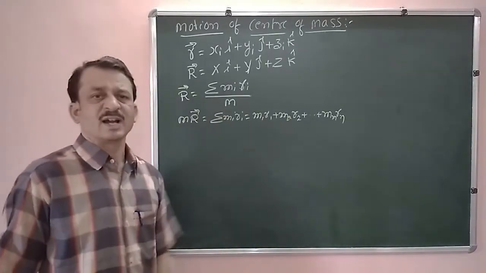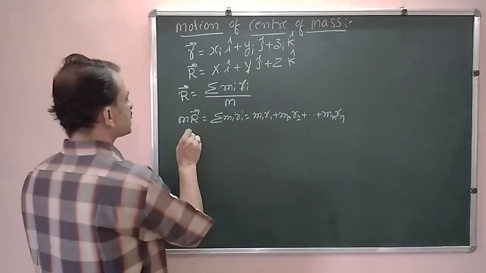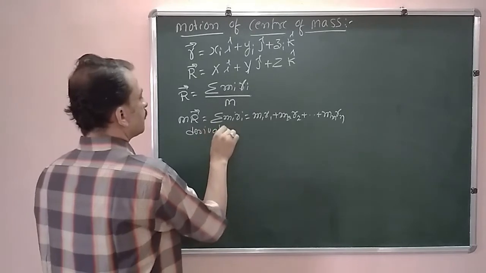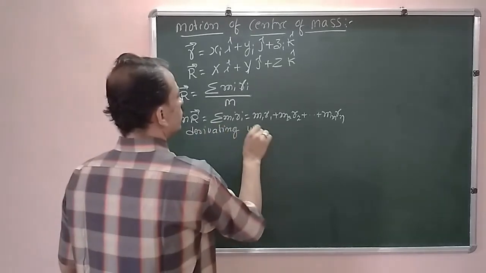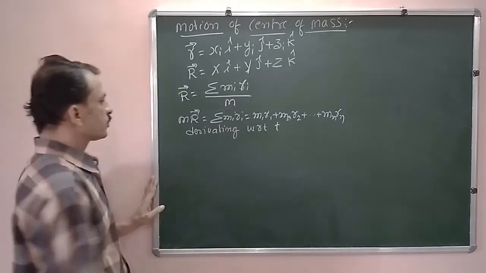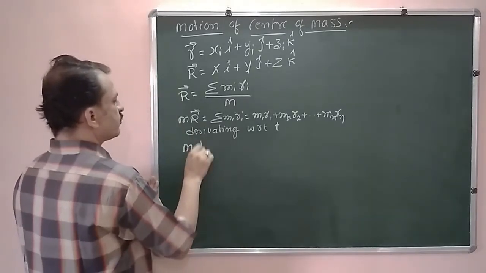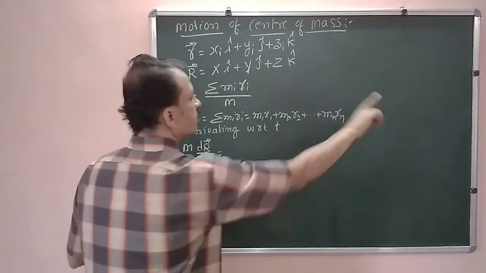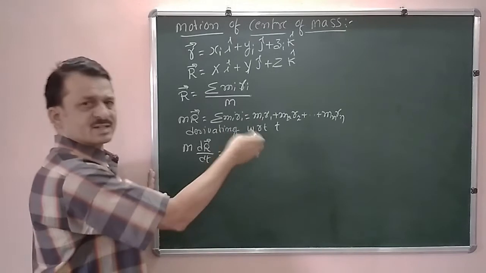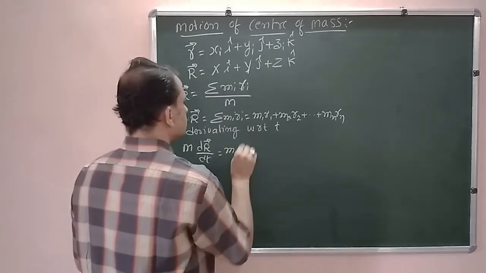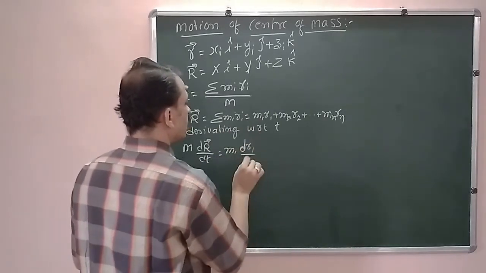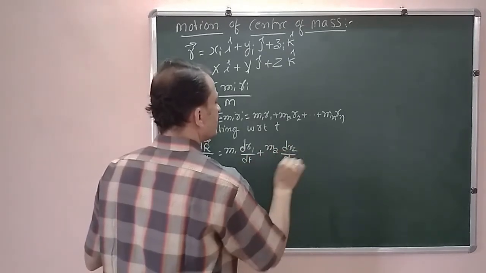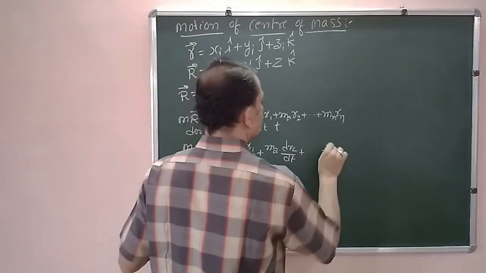Now differentiating on both sides with respect to t, since mass is a constant, we are getting M dr by dt is equal to the derivative of all the terms. Here mass is constant, so you take it out, therefore m1 dr1 by dt plus m2 dr2 by dt plus etc.